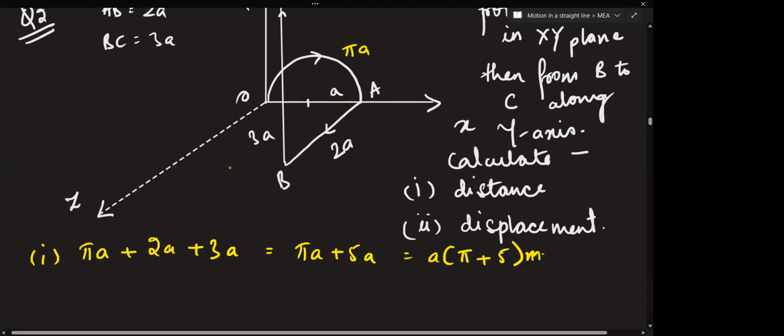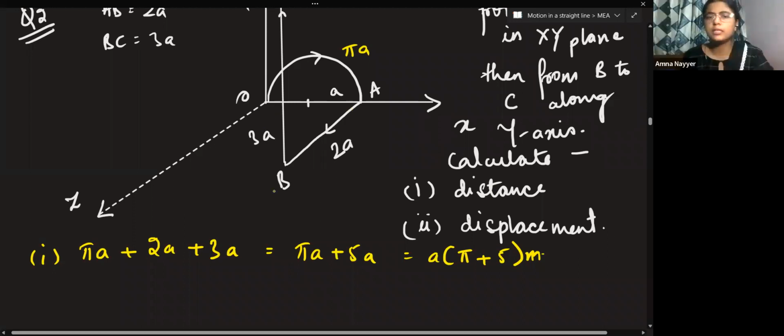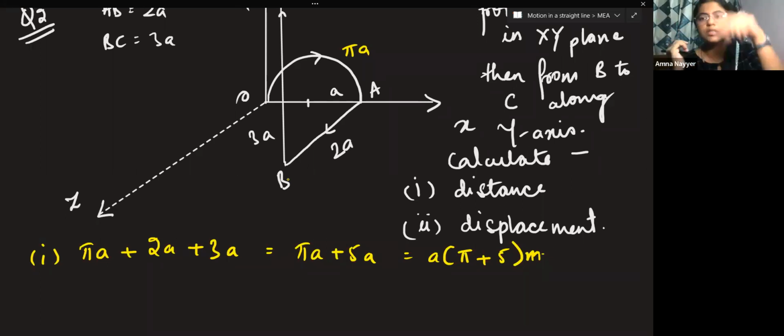Exactly. It will be 2a because this will be a plus a. Similar to the previous question from Monday's class, circles, A to C, when you were calculating directly from A to C, that came out to be 2r. So here also it will be 2a simply.